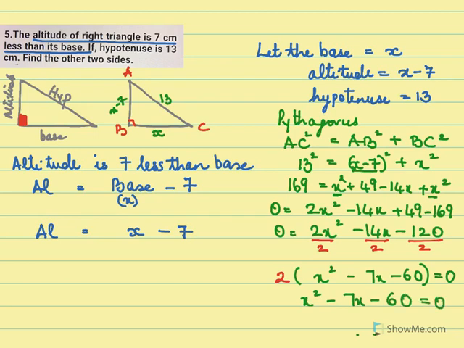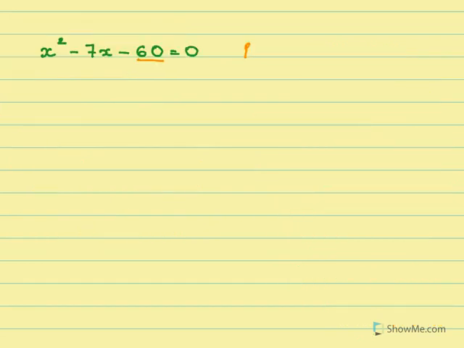Now we go back to our product and sum. So minus 60 should be my product, and my sum should be minus 7. So I have to find factors whose product is minus 60 and sum is minus 7.